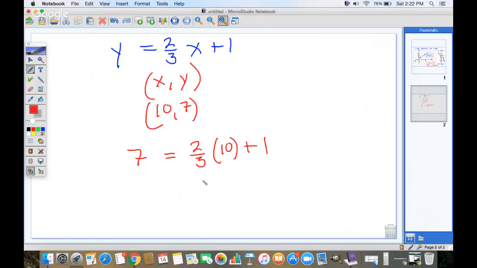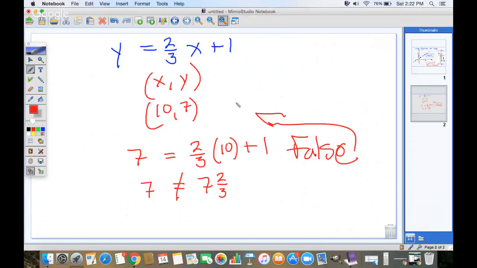And my calculator said that was 7 2/3. Is 7 equal to 7 2/3? Answer is no, right? This is false. So since that's false, that point right there is not a solution. All right.